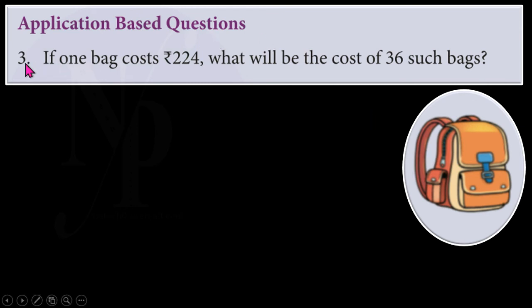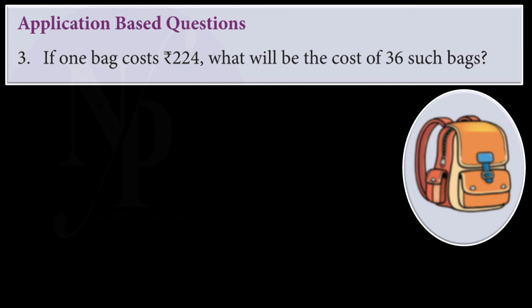Question number 3. If one bag costs rupees 224, what will be the cost of 36 such bags? You can see a picture of a bag and the price of this bag is 224 rupees.